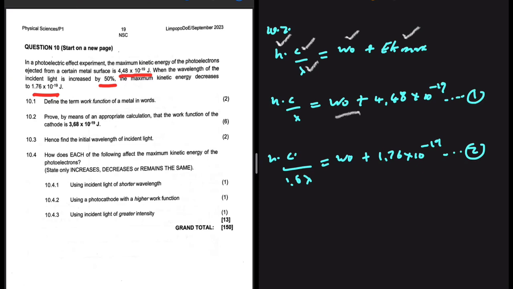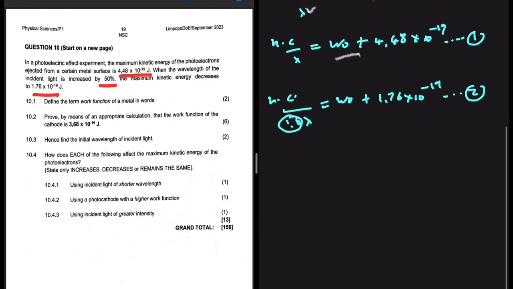So we need to play around with these two equations and ultimately get the value of the work function. Let's get rid of this 1.5 so that we can have HC divided by wavelength and equate the two equations. How can we possibly do that? We can multiply by 1.5 on the left-hand side and on the right-hand side.